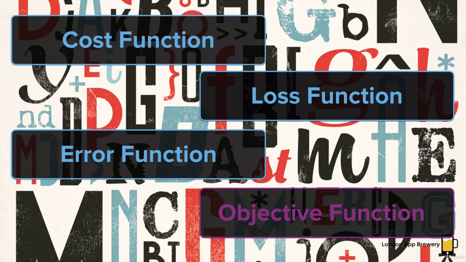I mean, if you think about it, the objective isn't always to minimize the cost or minimizing some bad thing. Sometimes the objective might be to maximize a good thing. The relationship between the words cost function and the word objective function is kind of like how salmon is a fish, but not all fish are salmon.